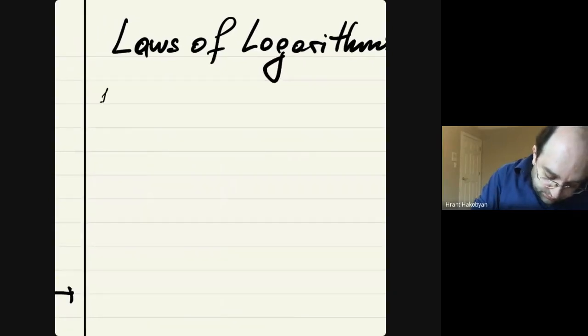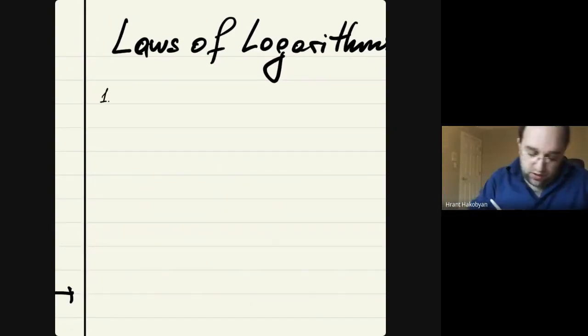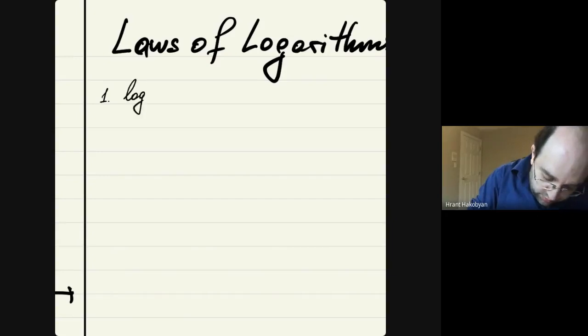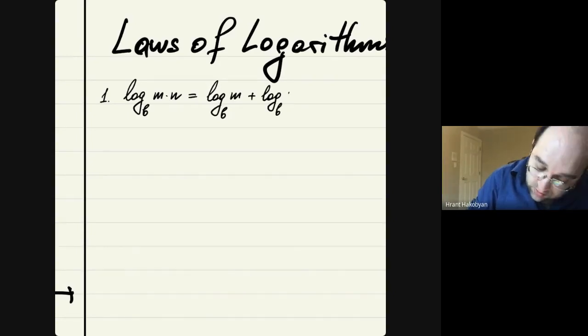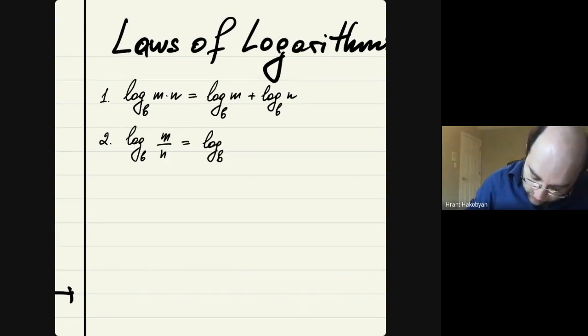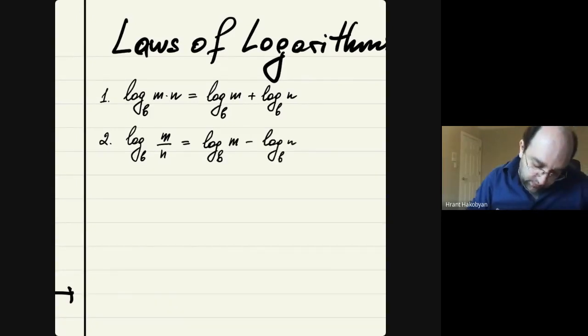One, if you have the logarithm with base b of m times n, that's the same thing as the logarithm with base b of m plus the logarithm with base b of n. Two, the same thing but for ratios: m divided by n is the logarithm base b of m minus the logarithm base b of n.